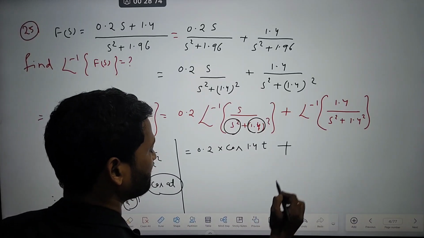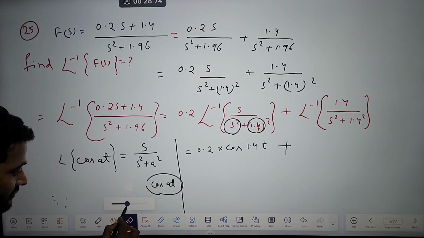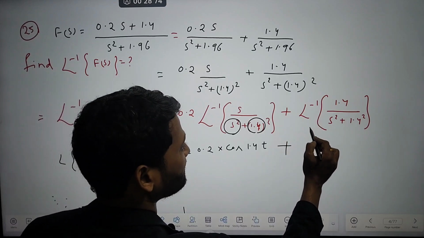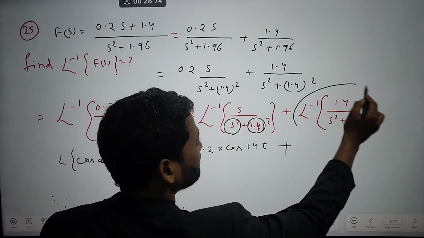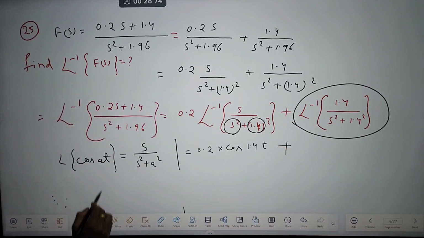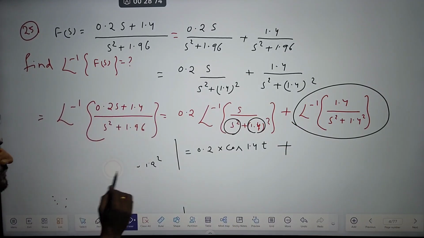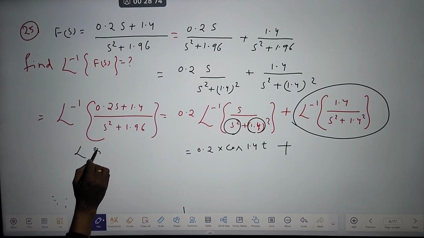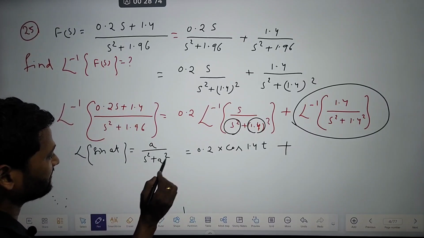Plus, similarly, coming to this part. You know that Laplace of sin at, the formula is a by s square plus a square.